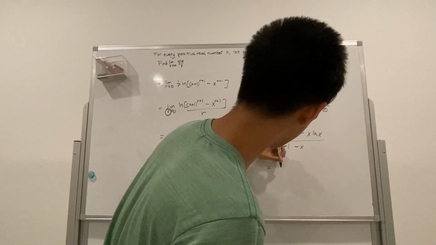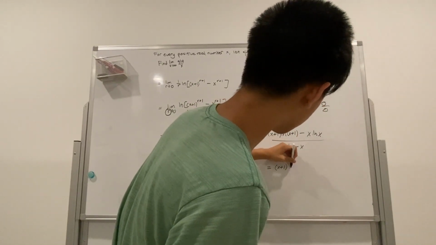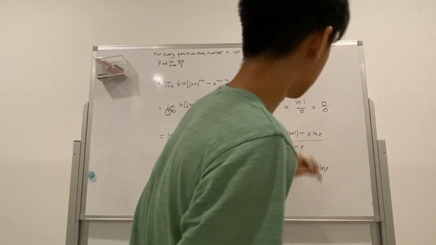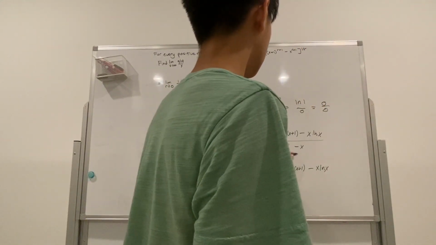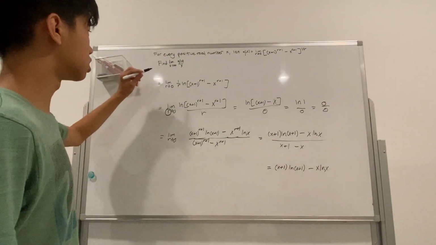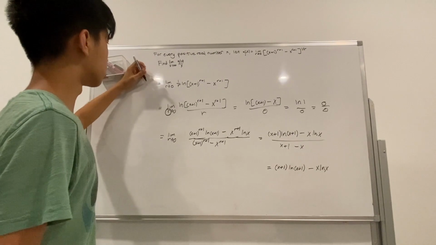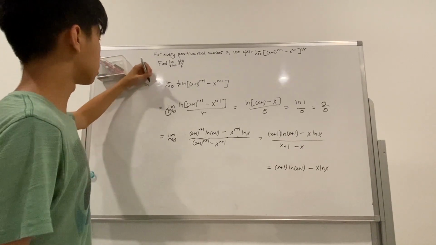So we're just left with x plus 1 times ln of x plus 1 minus x ln x. Remember, we took the ln, so this is the ln of g of x.